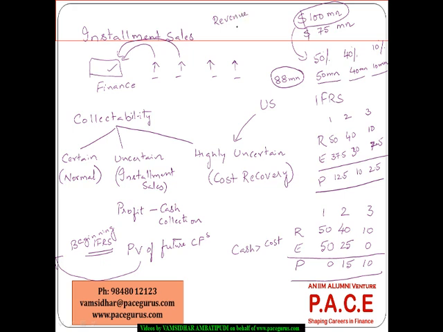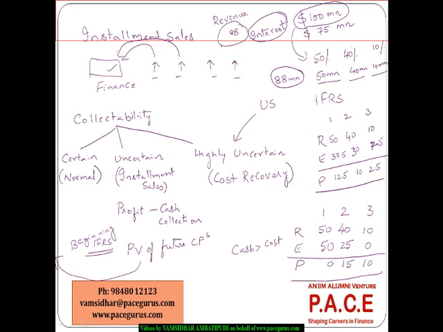Only 88, not 100. And the remaining 12, over each of these periods, depending on how much has to be paid, would be recognized in the form of interest over year 1, year 2, and year 3.